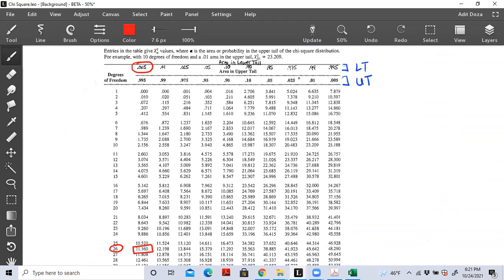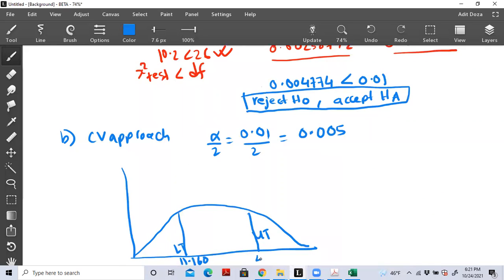So bottom row 0.005 is here, right? And for 26, it is 48.290. But I also told you how to check which tail to select. Because our chi-square test statistic is less than the degree of freedom, we only have to choose this shaded area.